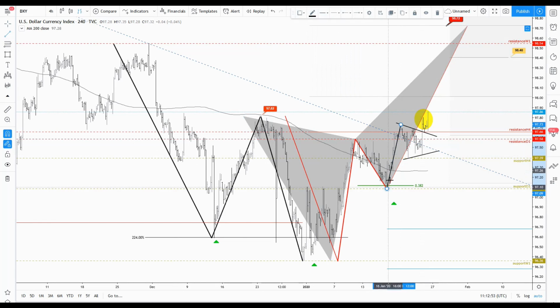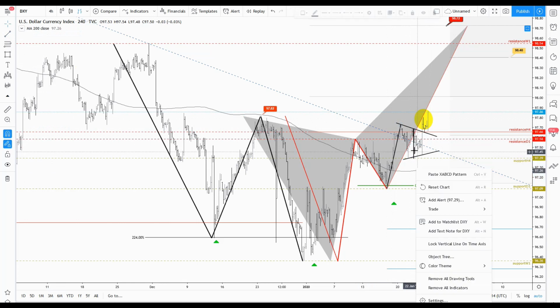behavior, we understand that after an impulsive momentum, if there's a triangle, eventually we will see the price breaking in the direction of the previous strong momentum. So if that was a strong momentum, eventually we will see the price trading the default expectation.